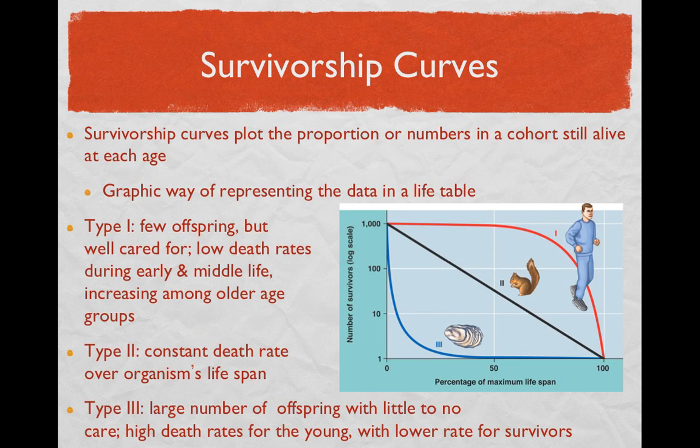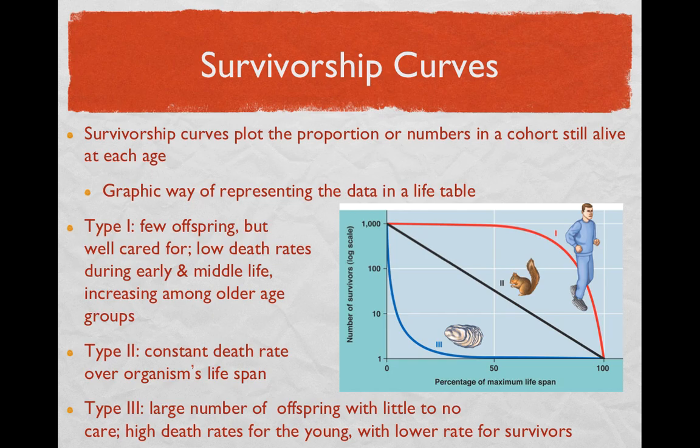Some of that information can then also get graphed into these survivorship curves. And so we're looking at taking the number of individuals and what's their expected lifespan over time. And what we find is that most organisms are going to fall into one of 3 general patterns.